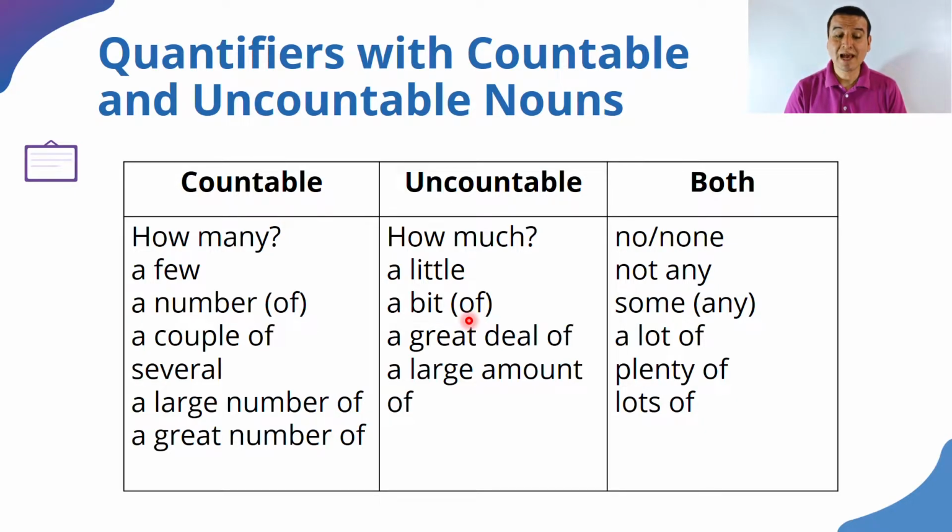All right? But we can just say, I need a little sugar, or a bit of sugar, which are similar, little and bit. A great deal of means a lot, or a large amount of. All right? So as you can see, amount is something that implies that we are talking about the material that we're referring to, but it is usually followed by a singular noun. All right?